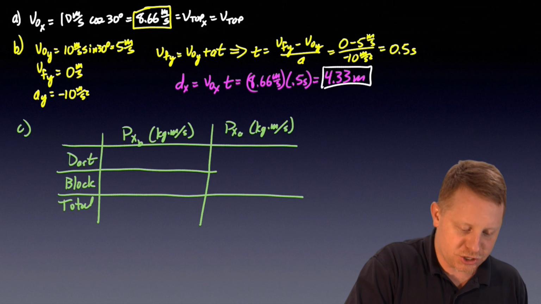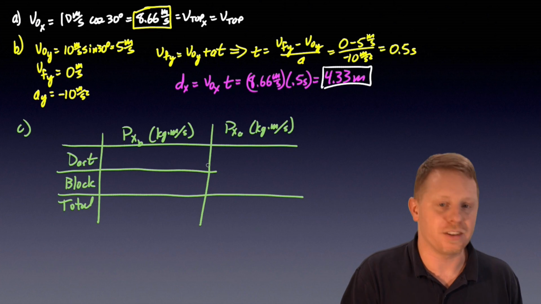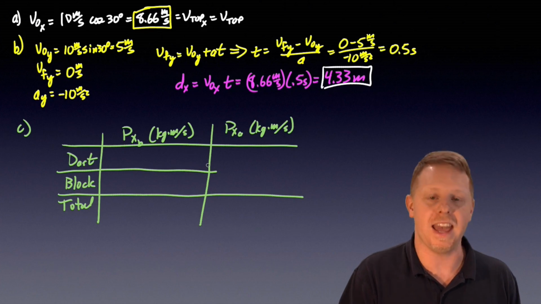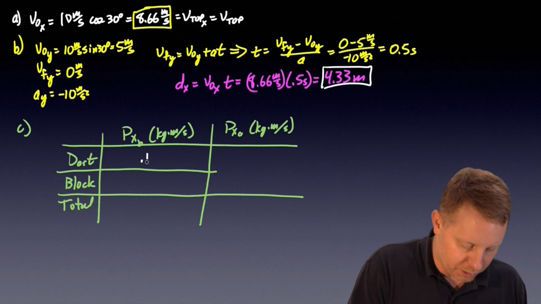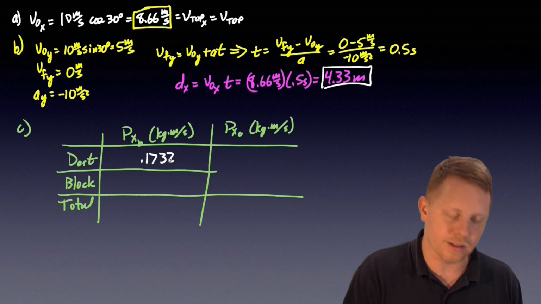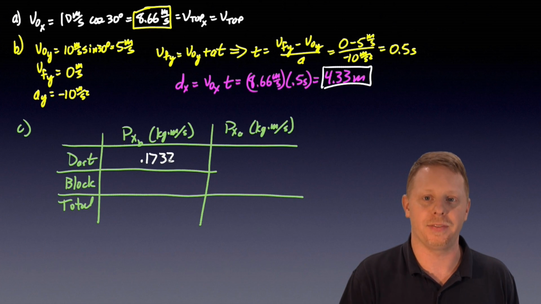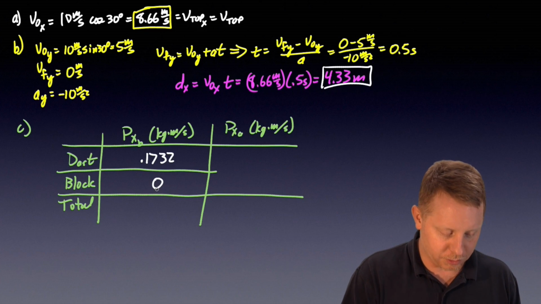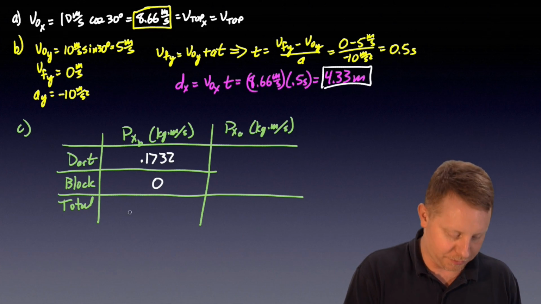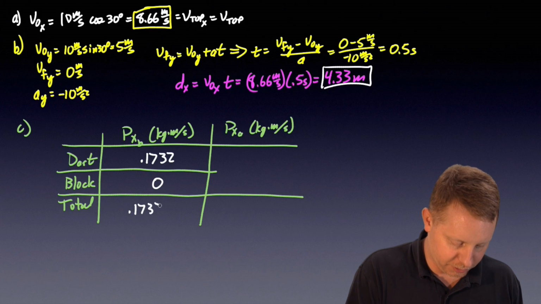All right, and initially, our dart has a mass of 0.02 kilograms, and it's traveling 8.66 meters per second, which gives it a momentum of 0.1732 kilogram meters per second when I multiply the mass times the velocity.